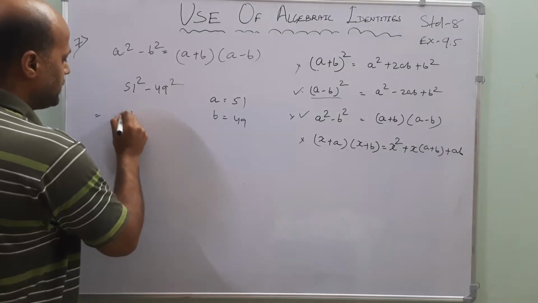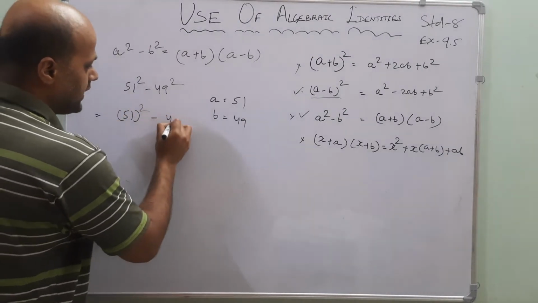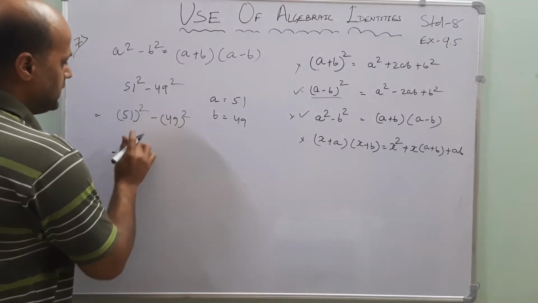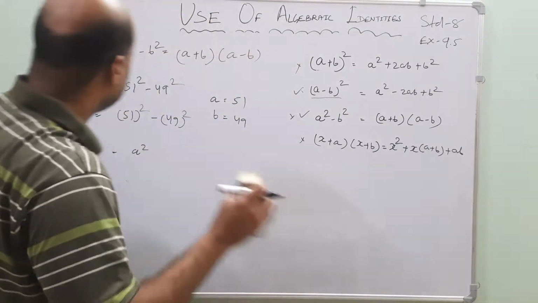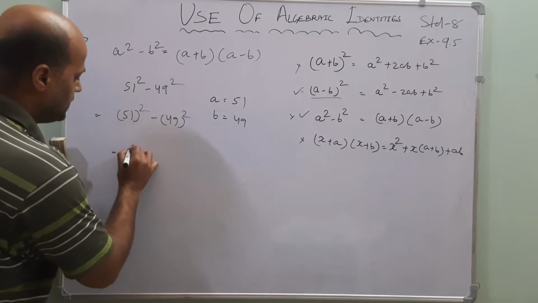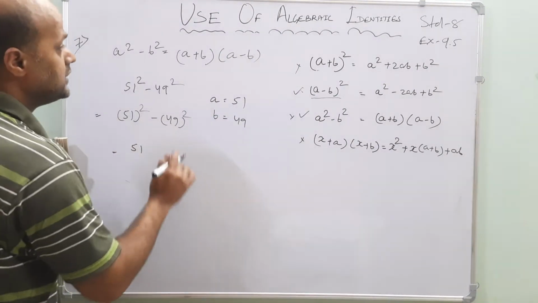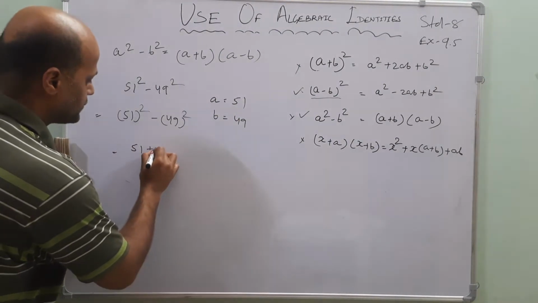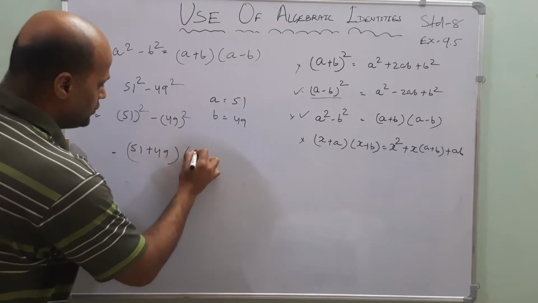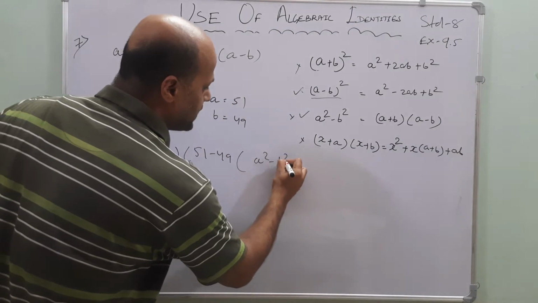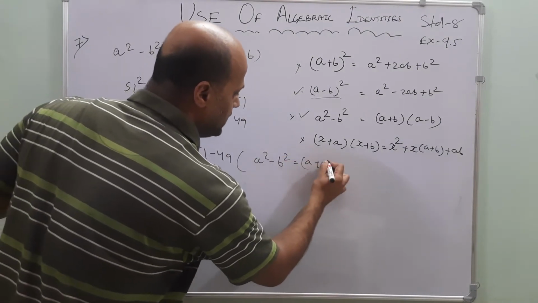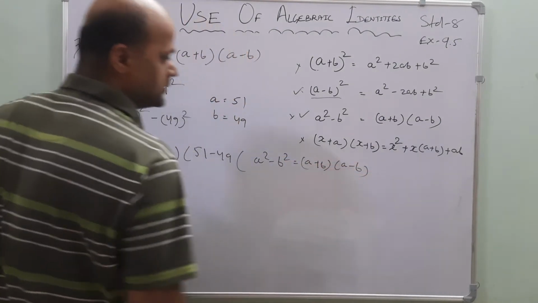This is the case of A square minus B square. That's why you have to write 51 plus 49 into 51 minus 49, because A square minus B square is equal to A plus B into A minus B.